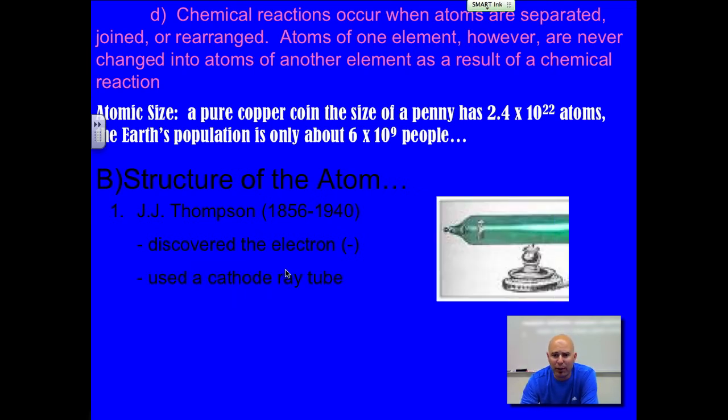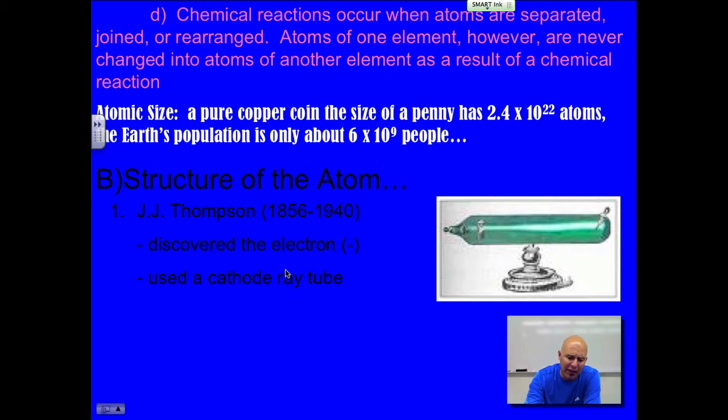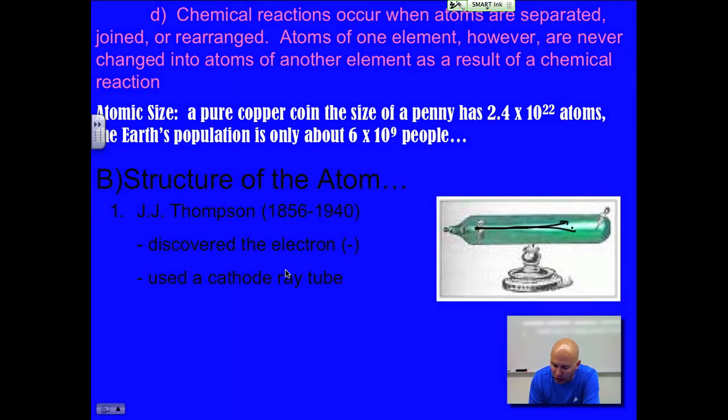He used a cathode ray tube, and basically what a cathode ray tube does is it shoots out charged particles, and they can be bent, either attracted or repelled, depending on what you bring up next to it.